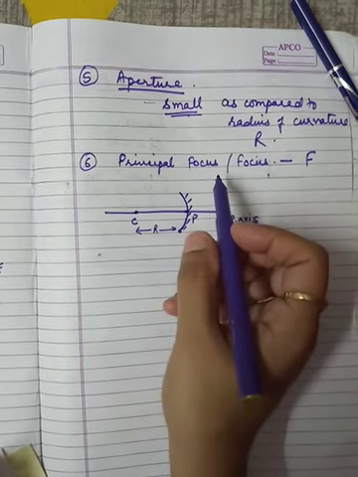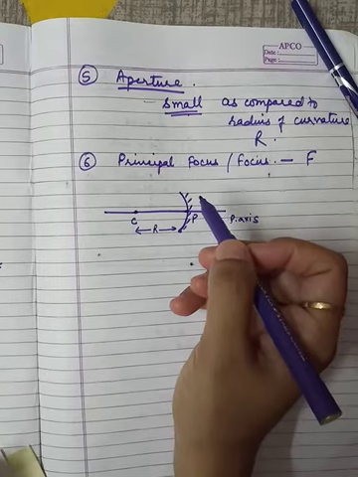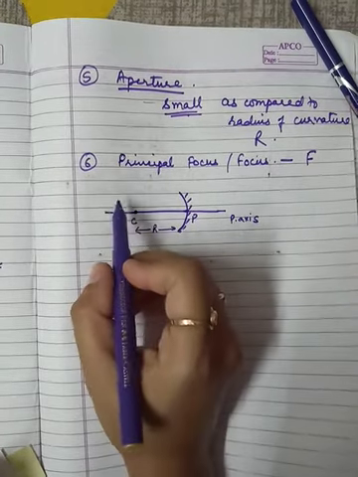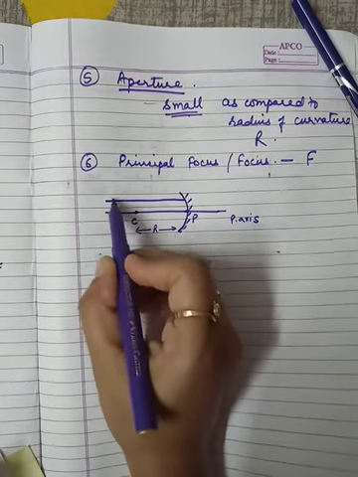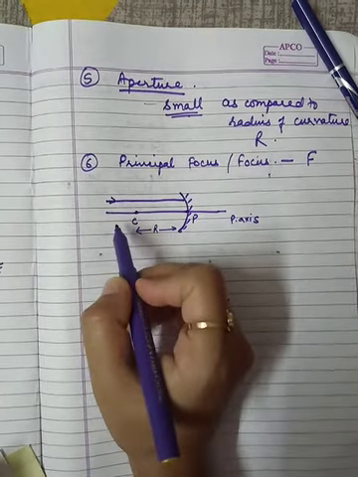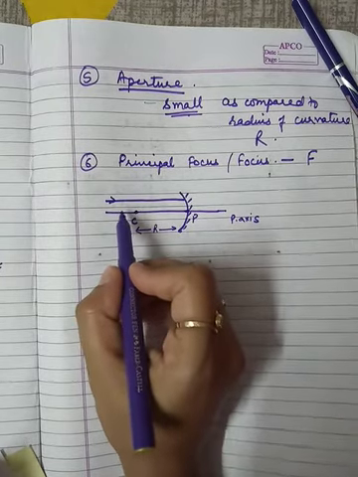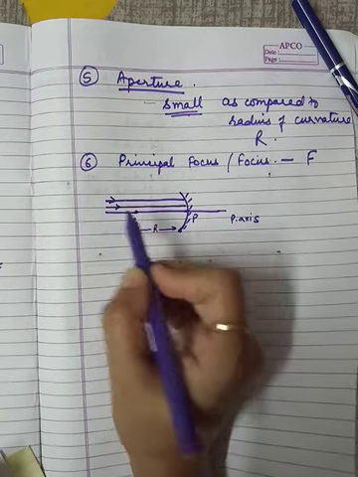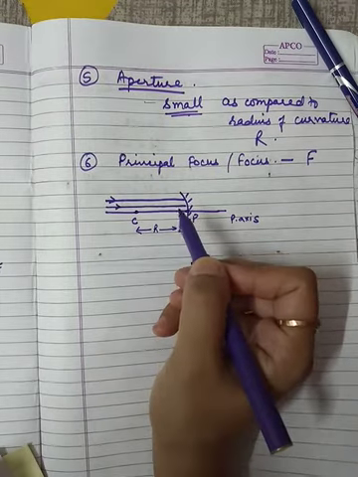To understand principal focus, I have just defined that it is a point where all the incident light rays coming parallel to the principal axis converge. These are the rays coming parallel to the principal axis. I am considering only two rays.